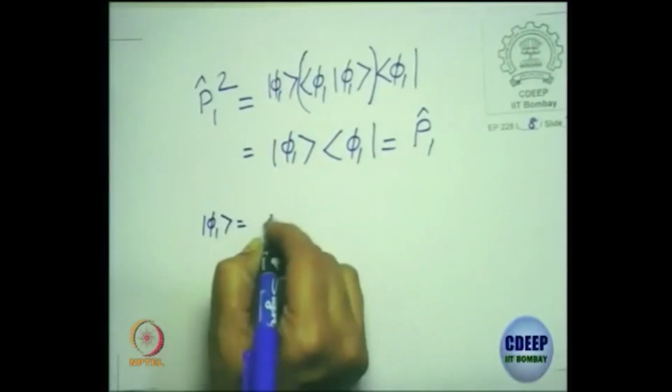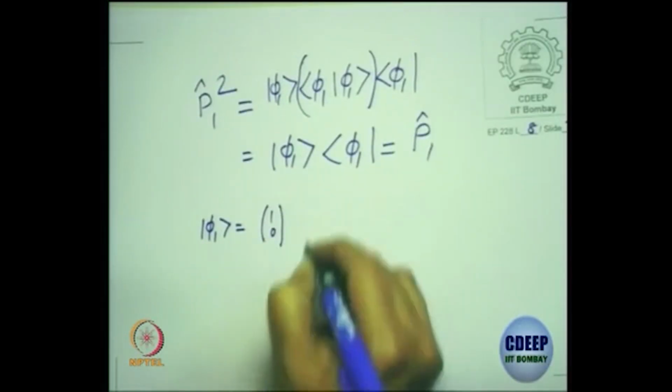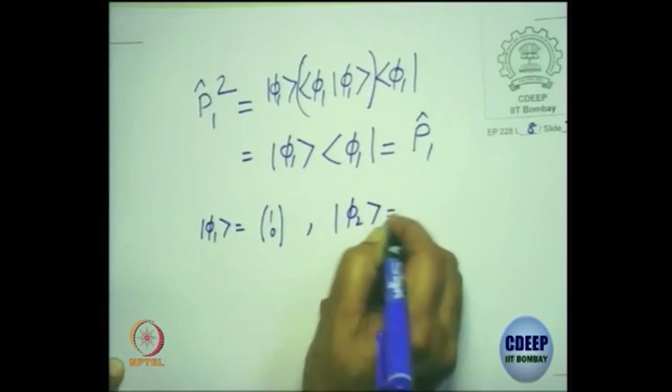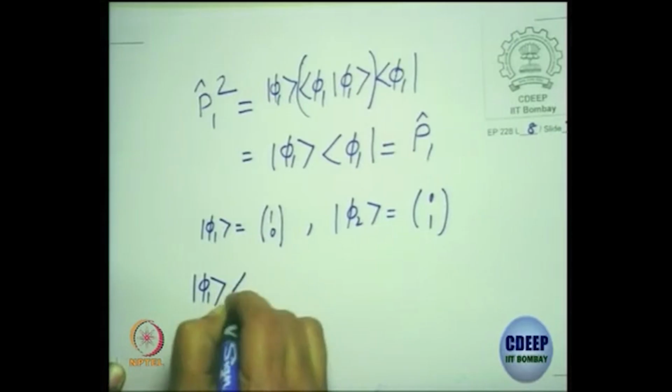What are its eigenvalues? In the two-dimensional vector space, you can rewrite this as a 2 cross 2 matrix, right. Suppose phi 1 is taken to be 1 0 and phi 2 is taken to be 0 1. What is phi 1 phi 1?